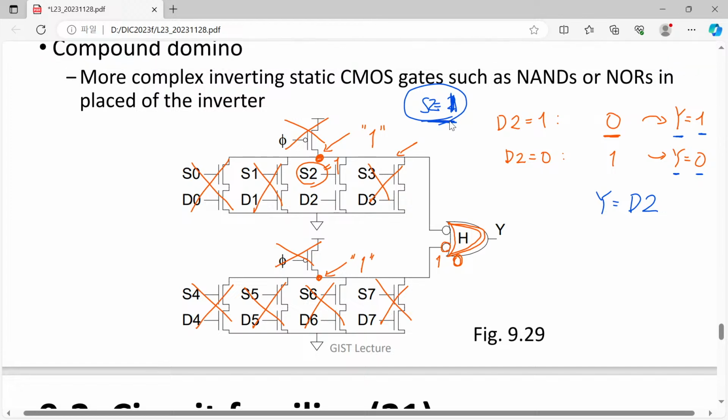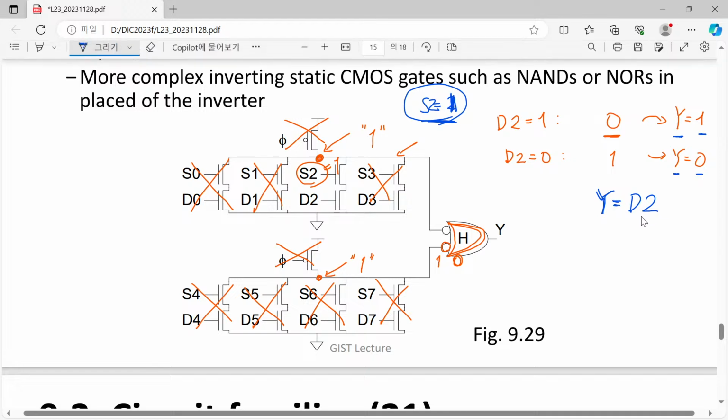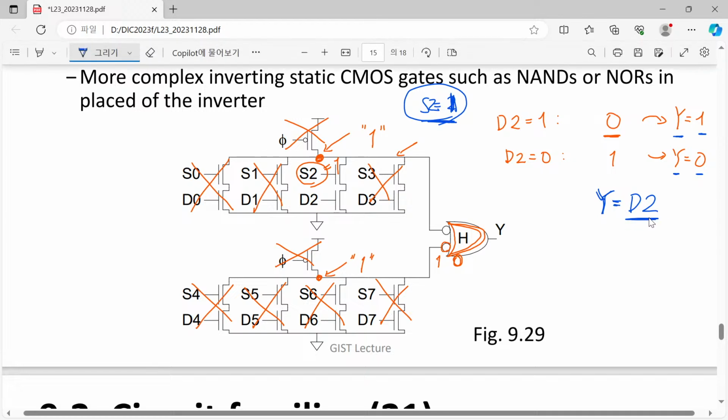What is this? You select a certain input signal, and your output signal is the data of that index. This is nothing but a multiplexer.